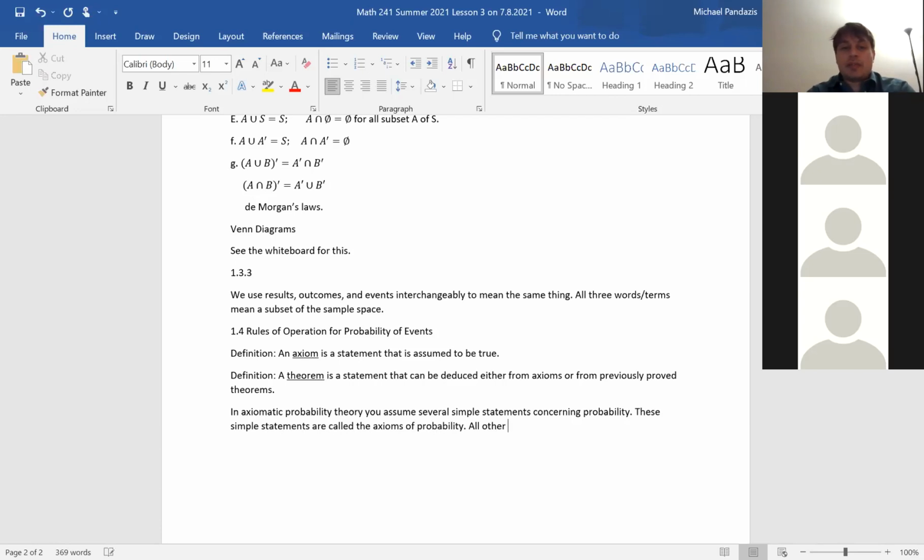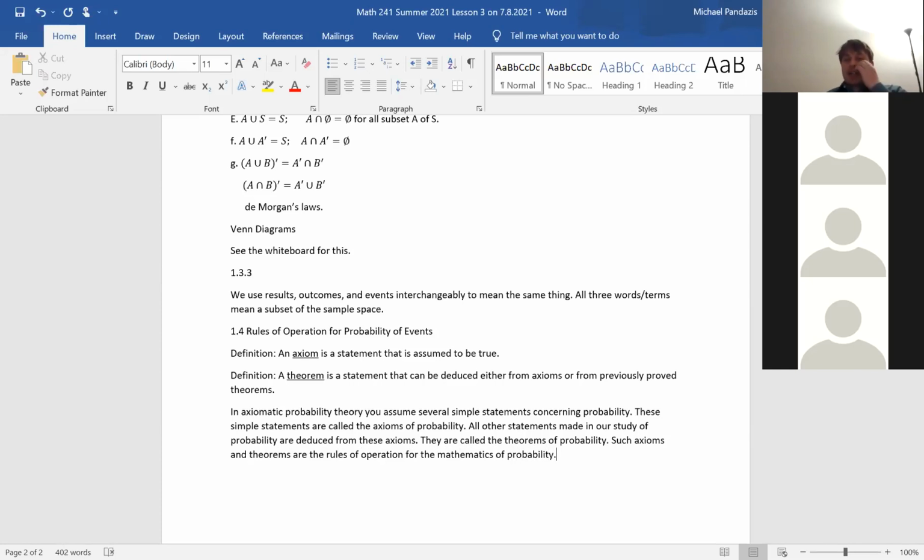Okay, all other statements made in our study of probability are deduced from these axioms. They are called theorems of probability. Okay, so such axioms and theorems are the rules of operation for the mathematics of probability.